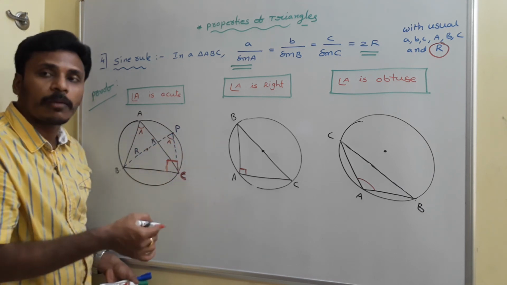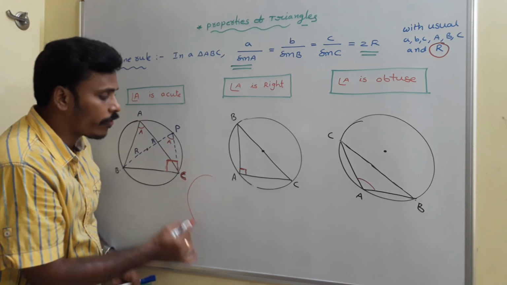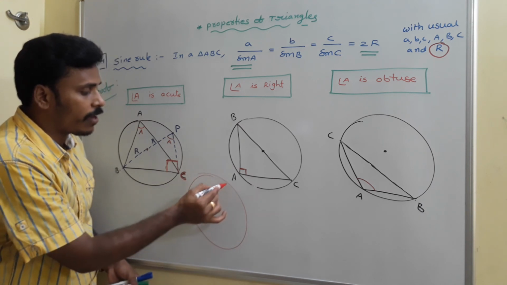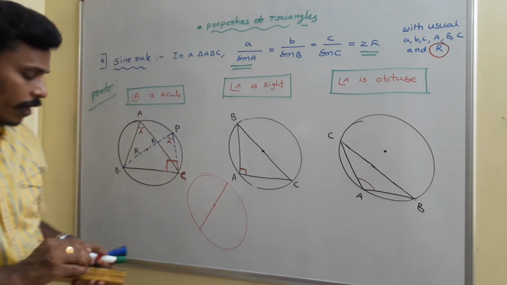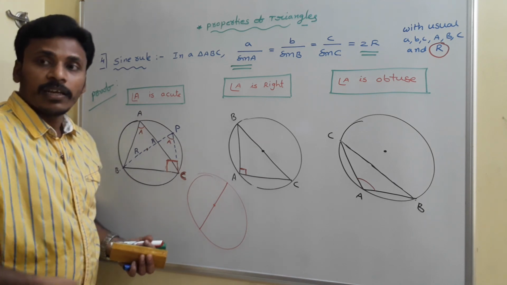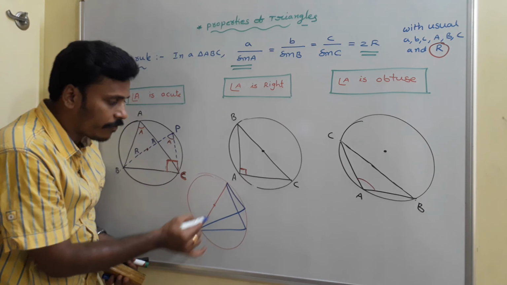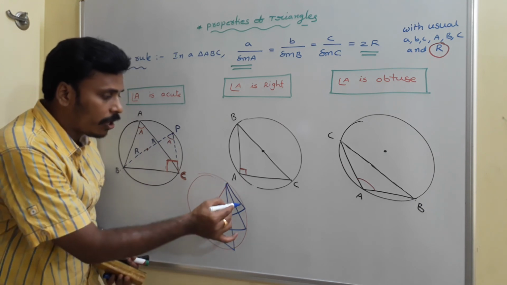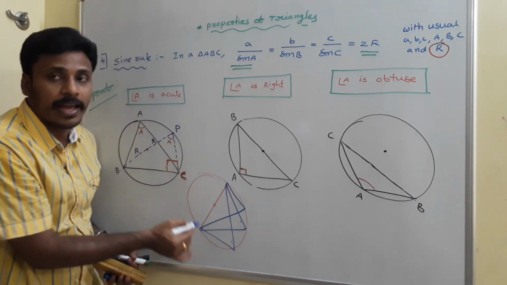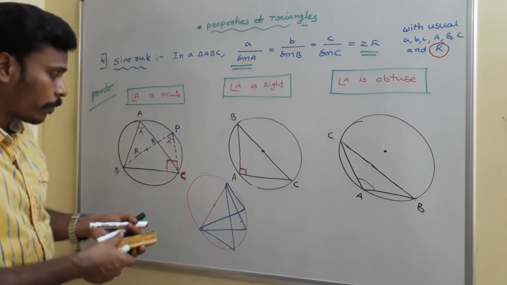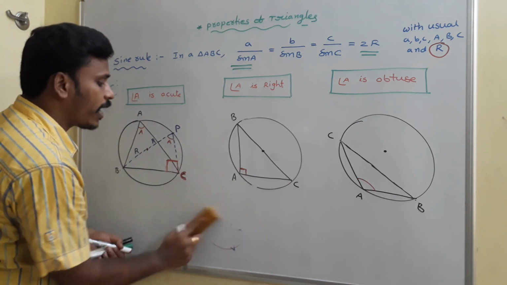A diameter at all the points will make 90 degrees. This is also a very obvious thing. For example, if we have a diameter like this, the diameter will make an angle of 90 degrees at each and every point of the circumference. All these angles are 90 since it is the diameter. This is also very clear from circles. So using these two ideas now I will proceed.